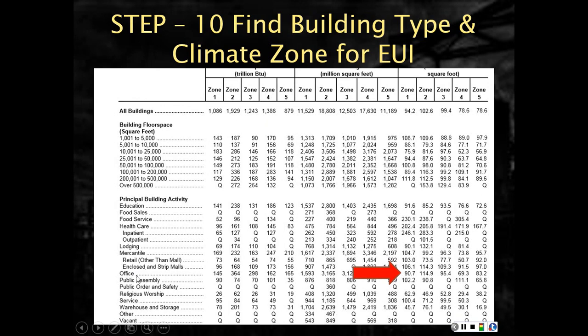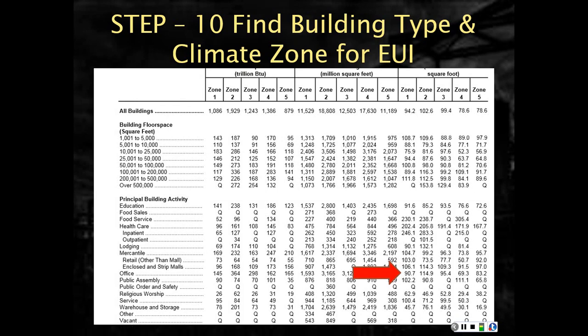If I happen to have an office building in climatic zone 1, if I slide all the way across to where the red arrow is, under zone 1, in 2003, a typical office building had an energy utilization index of 90.7. You could compare this number to the calculated EUI that you had.